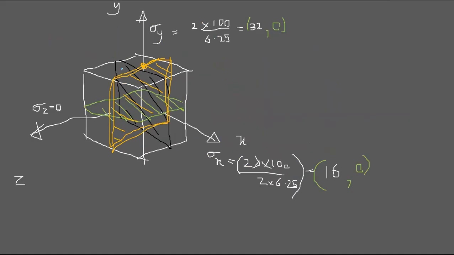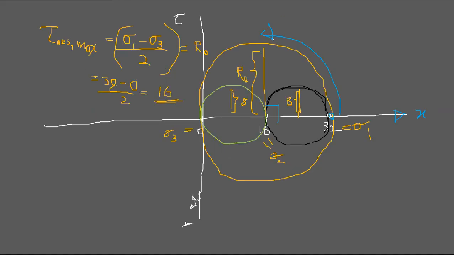So your element will look like this. You have to go 45 degrees to find the absolute maximum shear stress. So that means the entire element has to rotate. Because it is a 3D case, I just drew the plane only. So I hope you understand that.